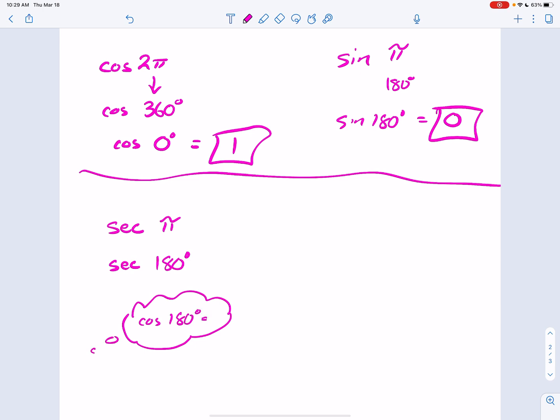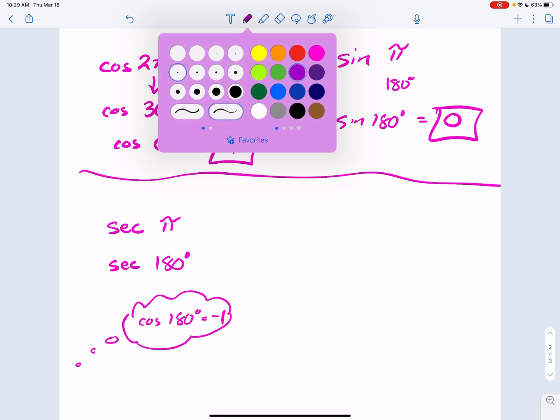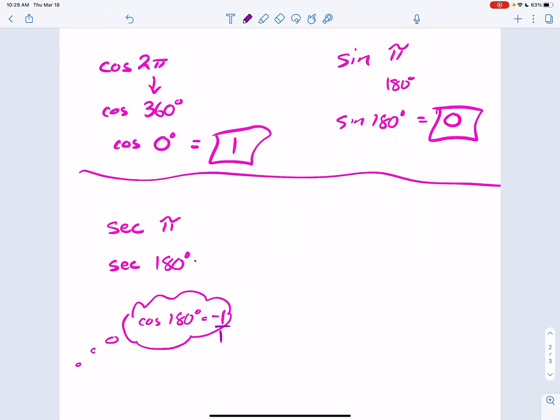All right, here's your beautiful thought bubble. Cosine of 180 is -1. So if you take the reciprocal of -1 over 1, you coincidentally get -1 again.